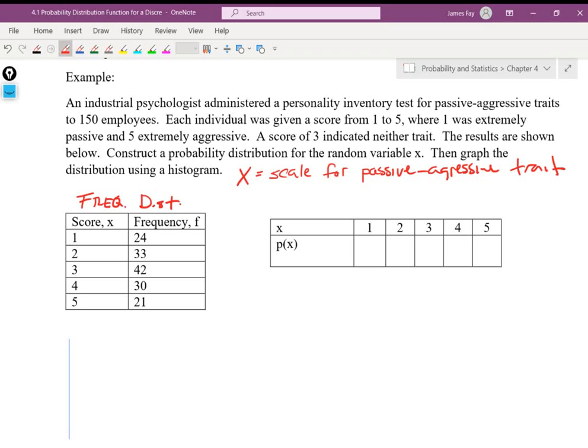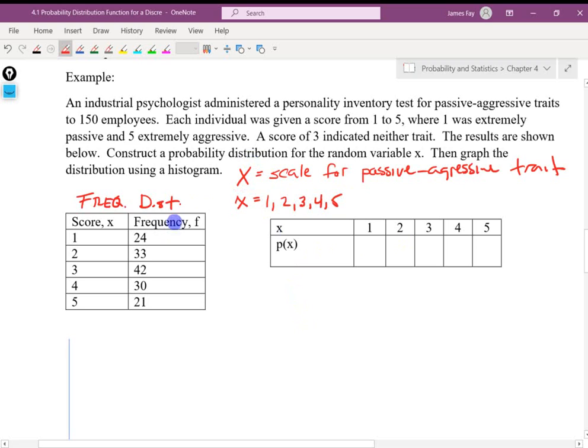On that scale, we were going from 1 to 2 to 3 to 4 to 5. Those are our options, right? Those are the individual discrete values that lowercase x can take on: 1, 2, 3, 4, or 5.